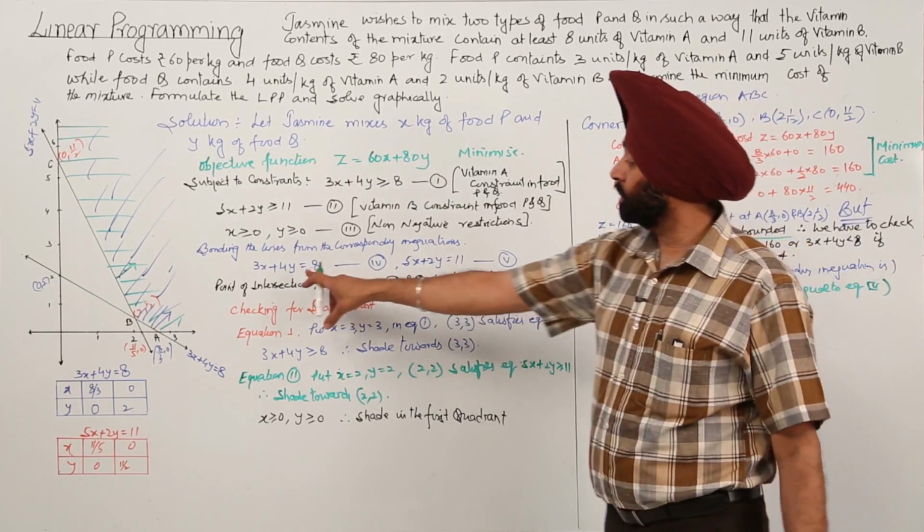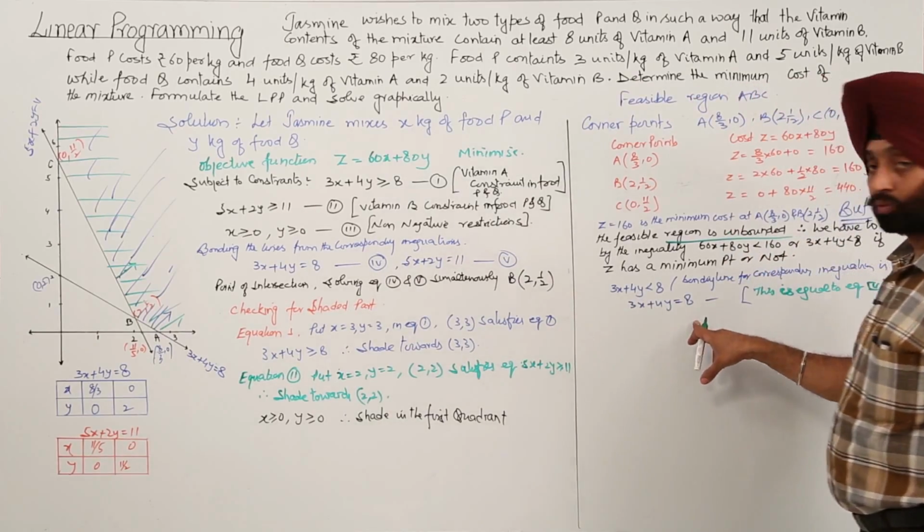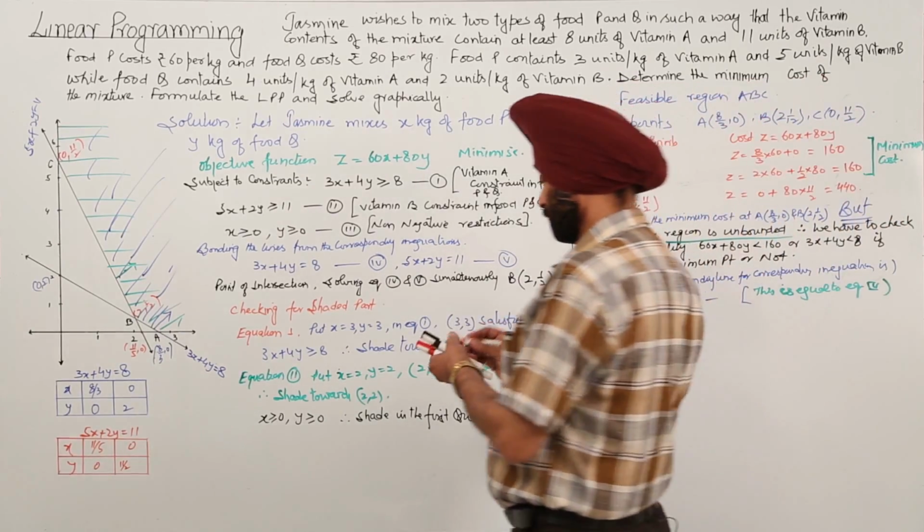The same equations are there, 3x plus 4y is equal to 8 and 3x plus 4y is equal to 8.